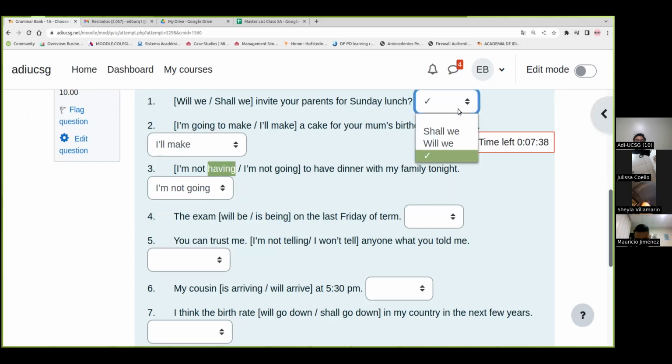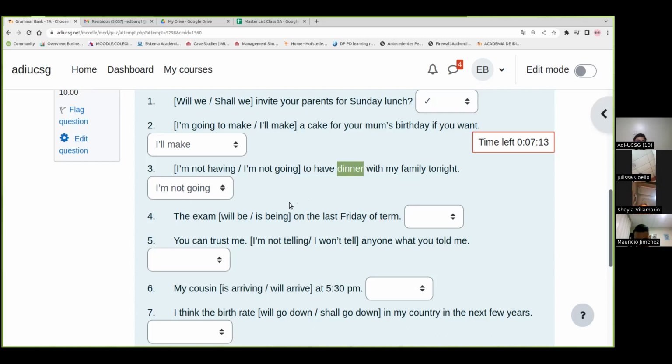Yes, the check means that both are correct. Ah, yeah. Okay. All right. So you cannot really say, I'm not having to have. You see? So you can say, I'm not having dinner. That would be correct, but not, I'm not having to have. That's not possible. So I'm not going to have, that sounds better.